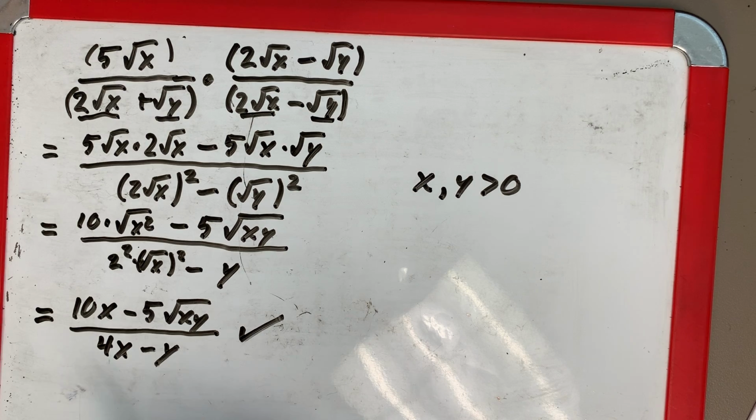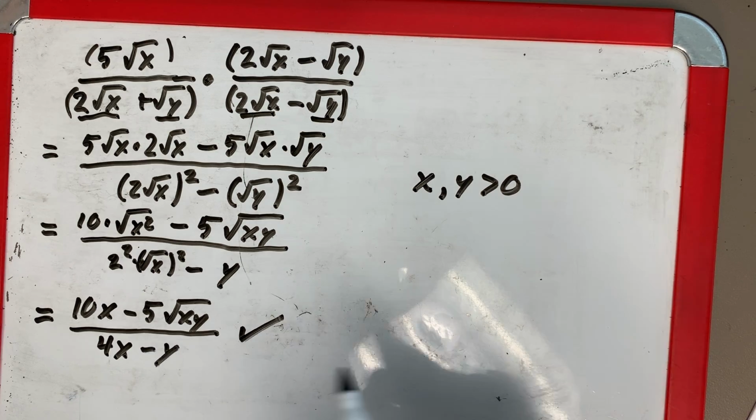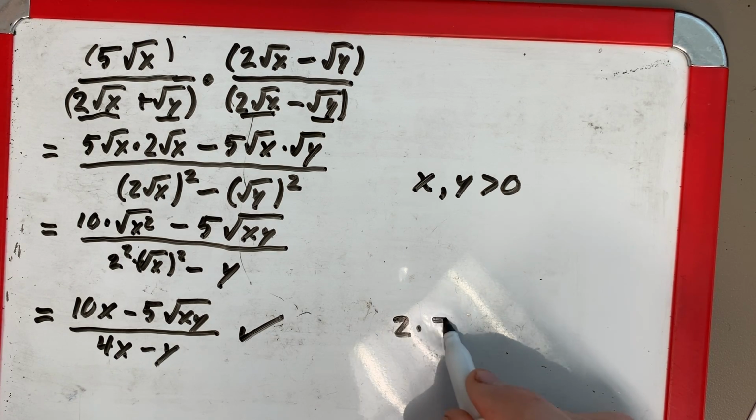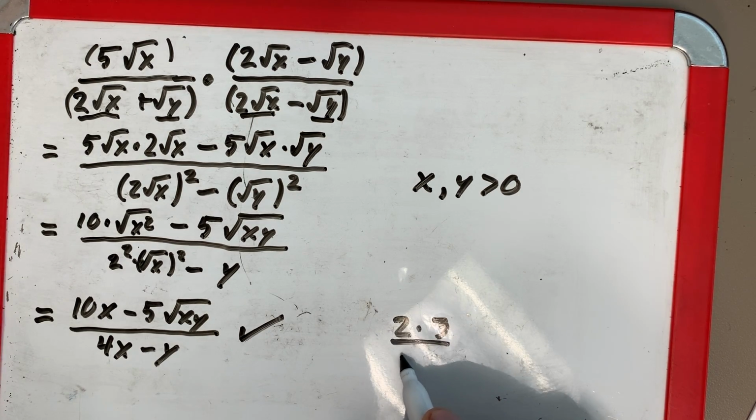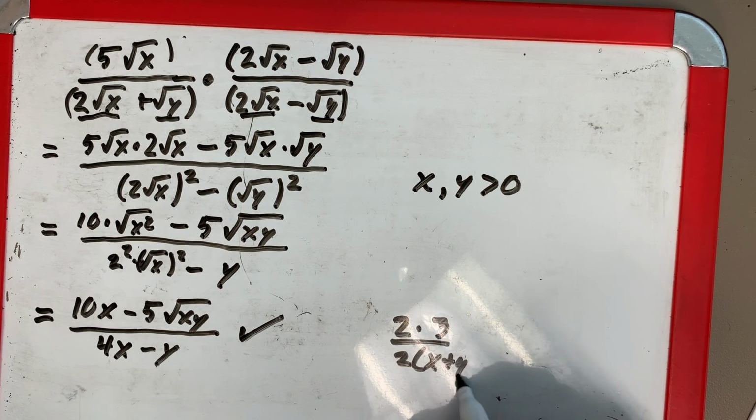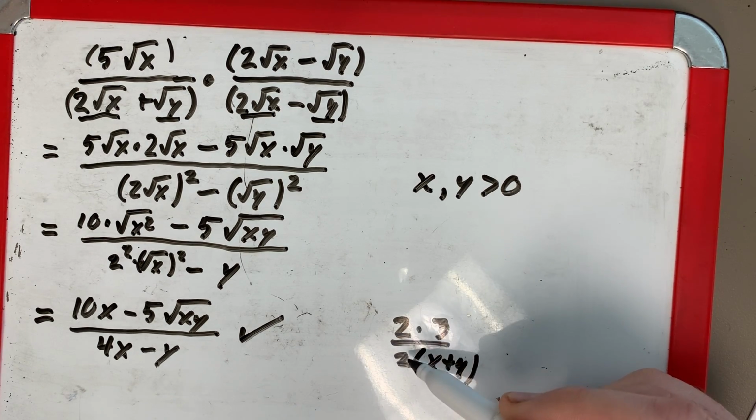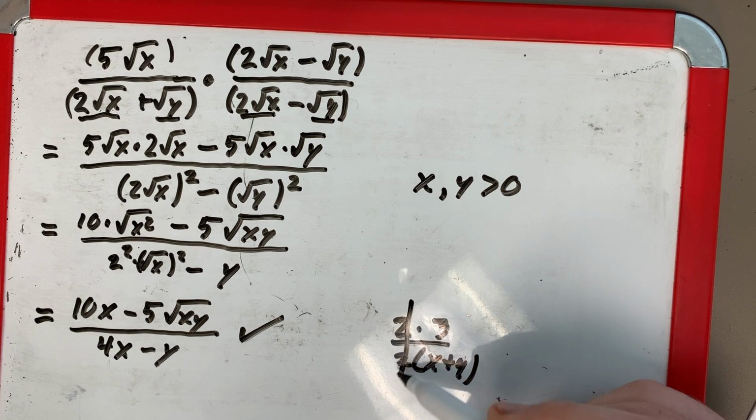All right? And you might be thinking, oh, I want to just cancel this x here and here. But as I said before, you can only cancel stuff in division when you have things being multiplied, such as if you had like 2 times 3 over 2 times x plus y, or something random like that. These things are all being multiplied, so these can cancel.